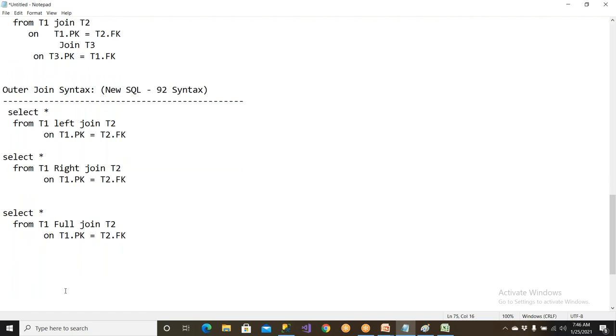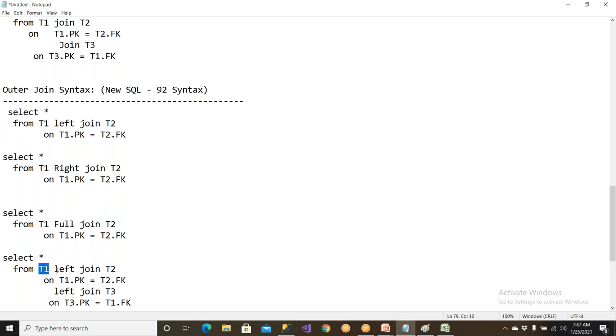Clear? So joining two tables is very easy. If you wanted to join three tables, you can say T1 left join T2, and so on, and then you can say left join T3 on condition, right? So like that, you should be able to write. So on T3 dot primary key is equivalent to T1 dot foreign key. So what is the meaning?